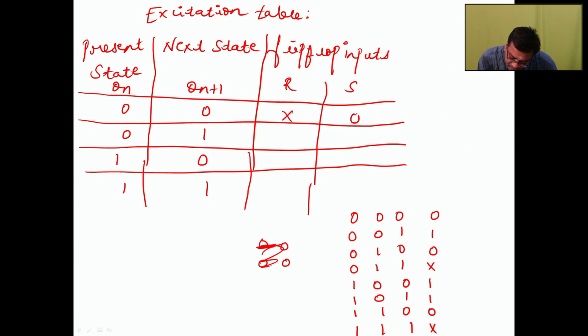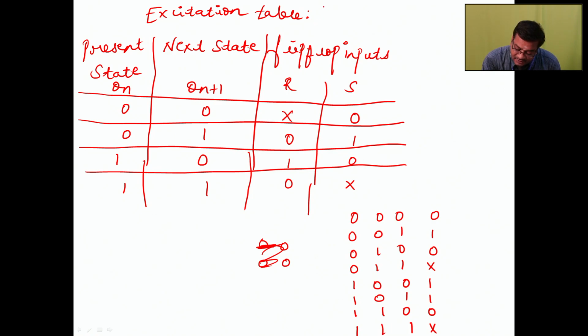Similarly, present state 0, next state 1; present state 1, next state 0, giving 0 1 0; present state 1, next state 1, giving 0 don't care. This is the characteristic table, the excitation table for SR flip flop.